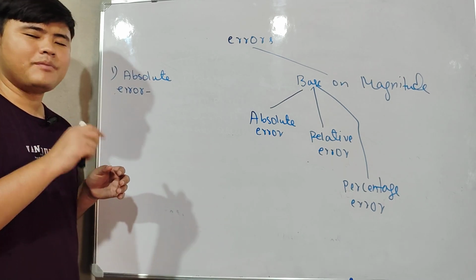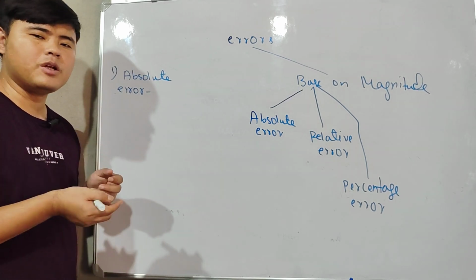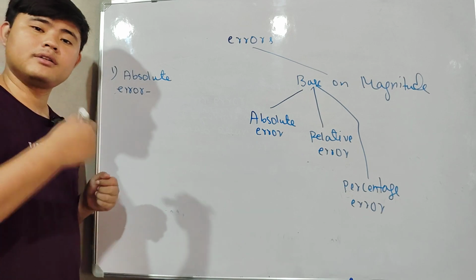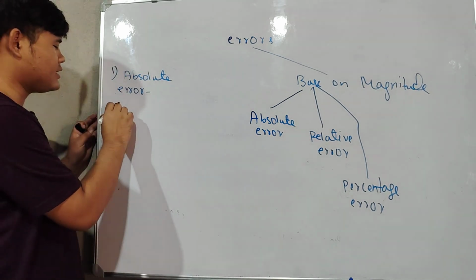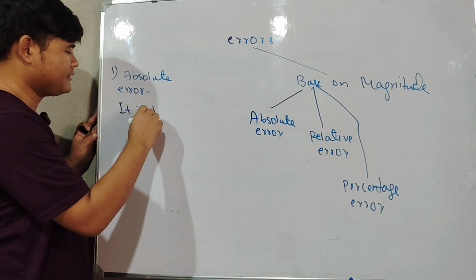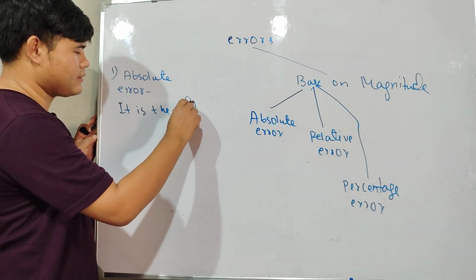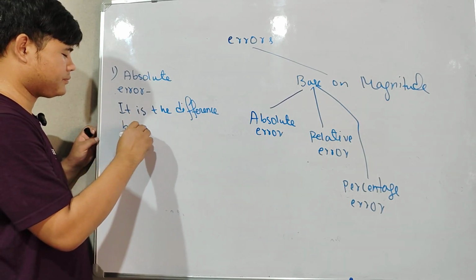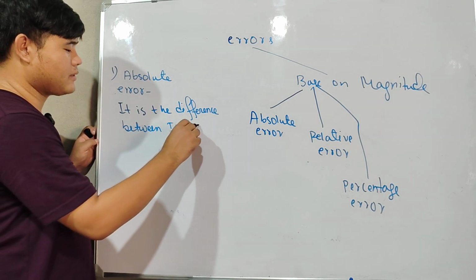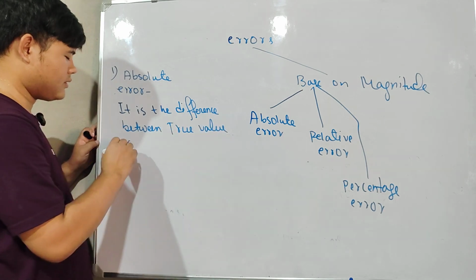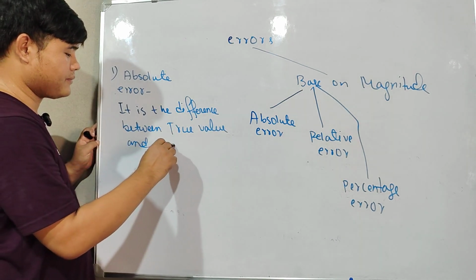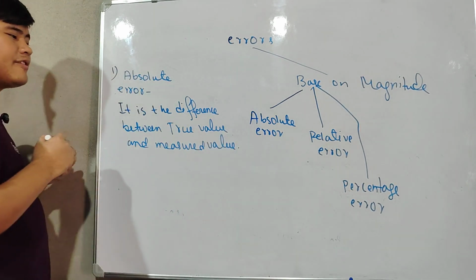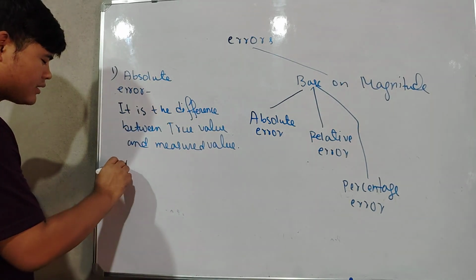Whatever you have measured, if it does not come to the exact value, then that difference is called the absolute error.